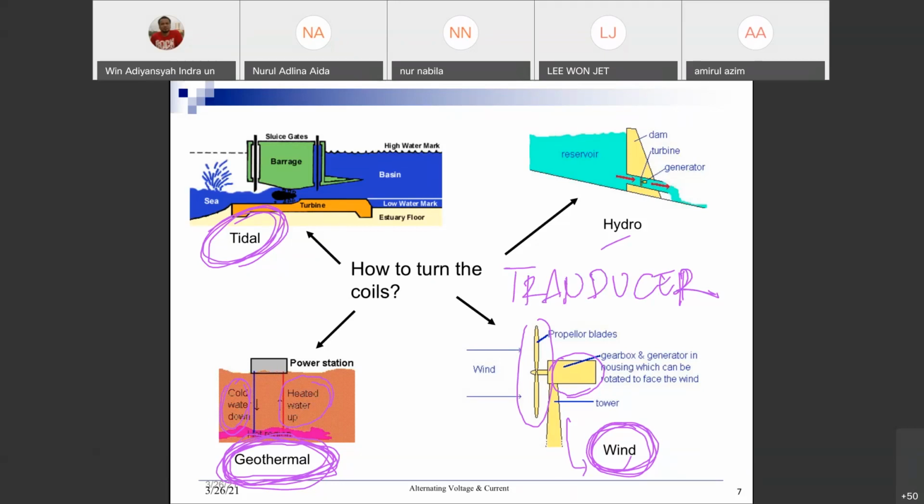So, for example, a battery is a device to convert chemical to electrical, right? Chemical to electrical. What else?